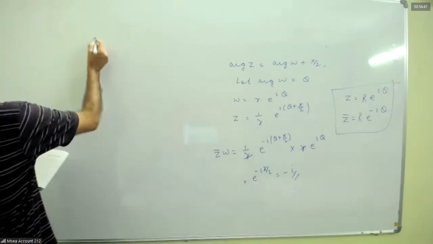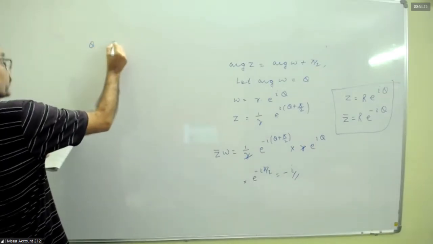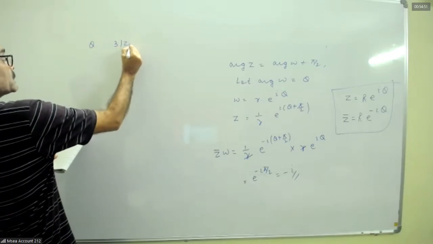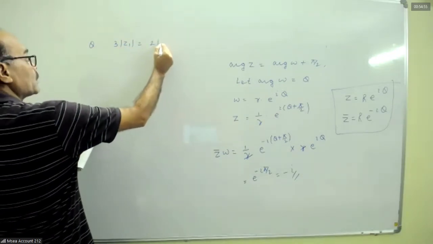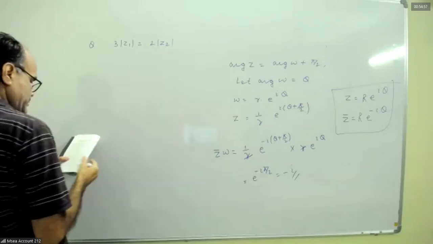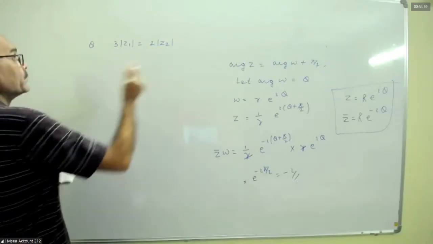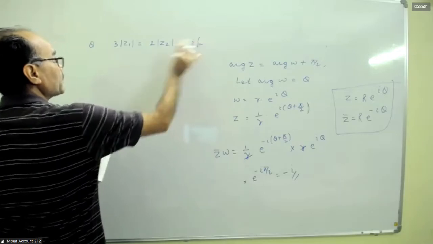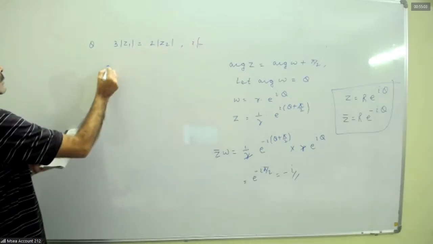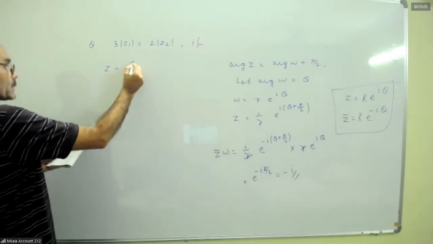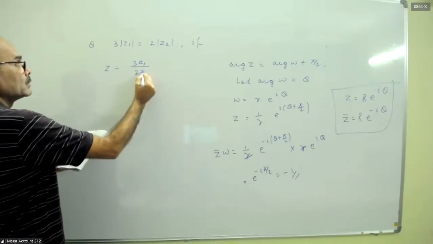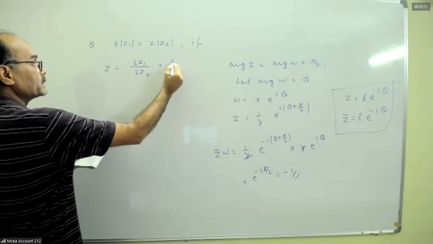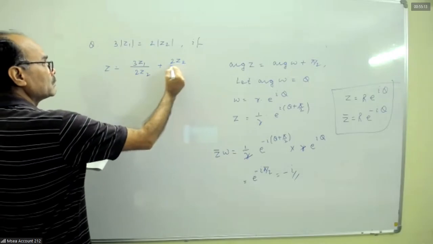Z1, Z2 are any two complex numbers. I will just give you a hint. 3 times mod Z1 equals twice mod Z2. And it is given Z equals 3 Z1 by twice Z2 plus twice Z2 by 3 Z1.